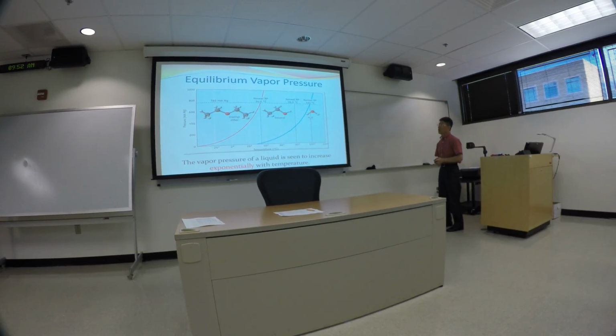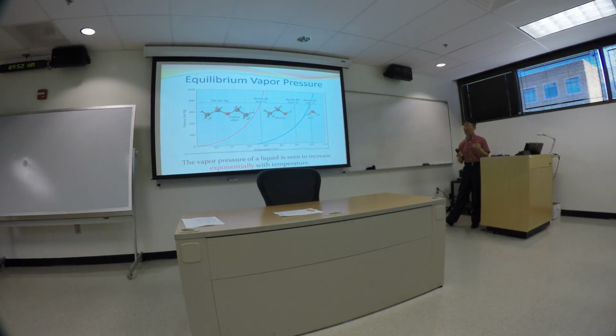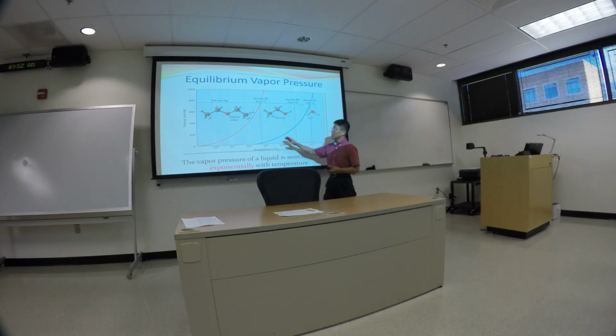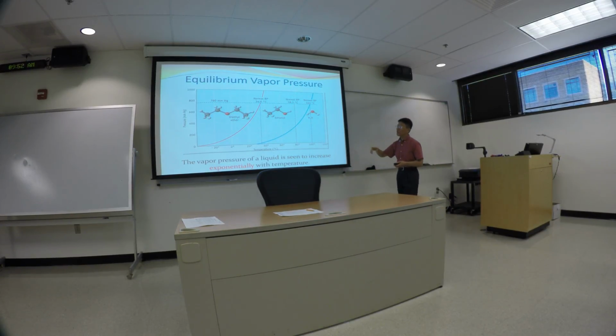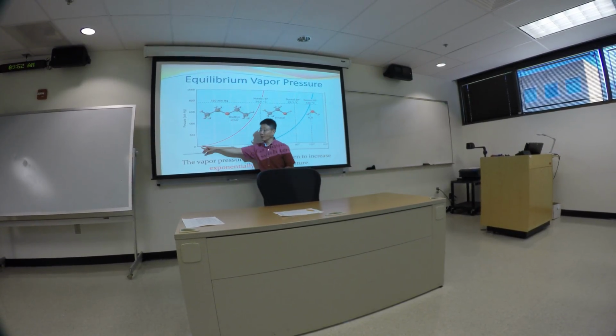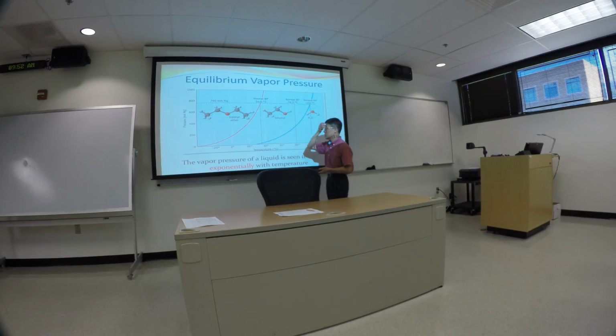Okay, so that's something that relates to what we talked about in chapter 5 under the gas law topics. The equilibrium vapor pressure of a liquid is seen to increase exponentially as the temperature increases. For diethyl ether, ethanol, and water, the X-axis is the temperature and the Y-axis is the pressure.